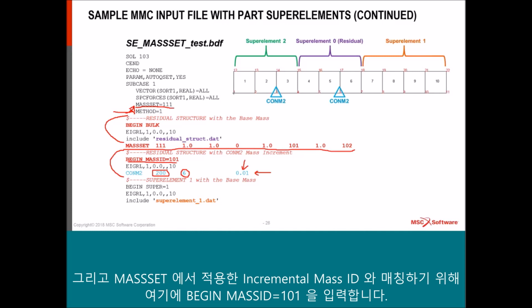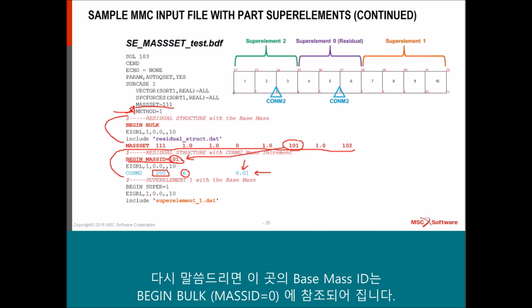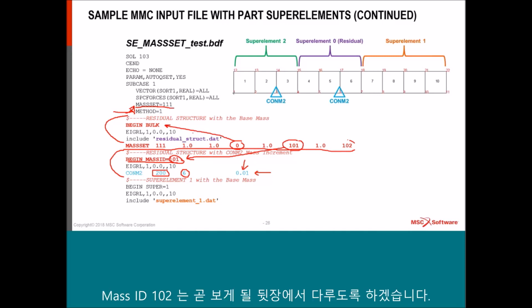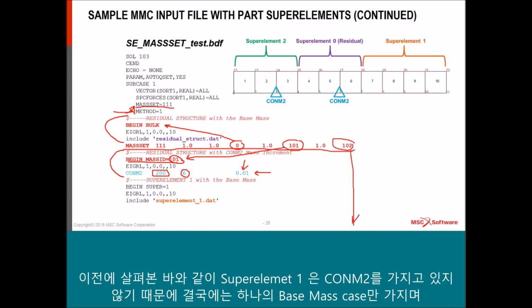And here we have the begin mass ID of 101, which refers to the base mass of the residual. And then 102 is something that we'll see in the next page.